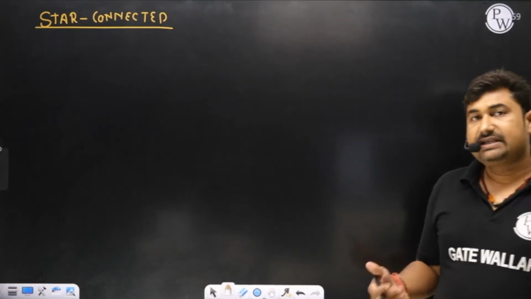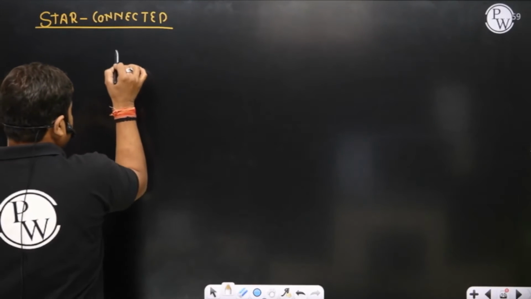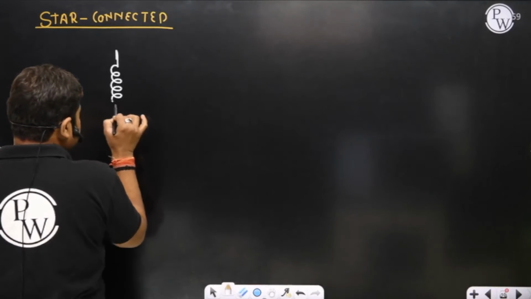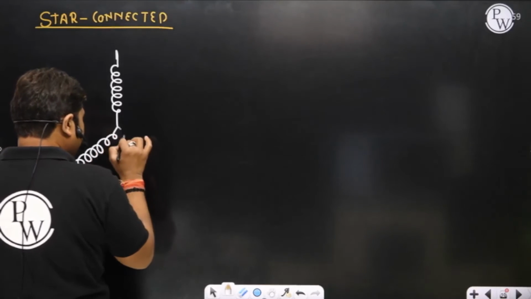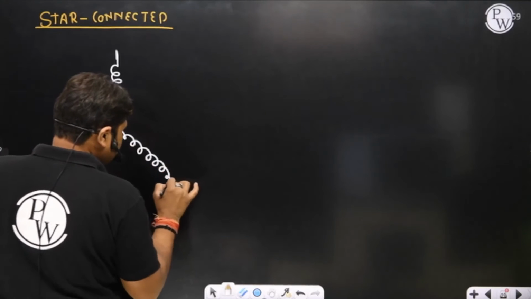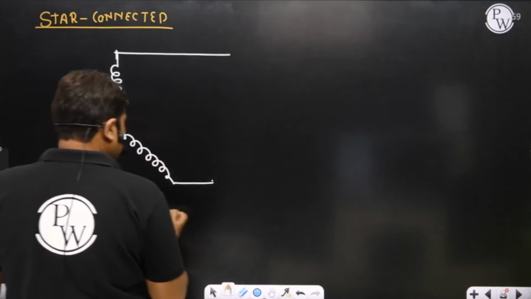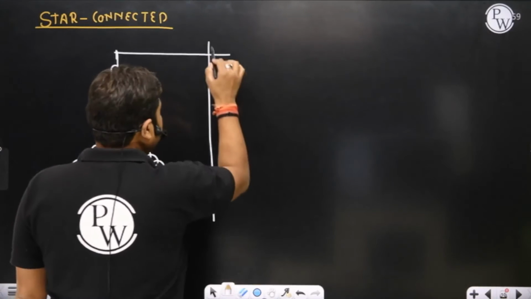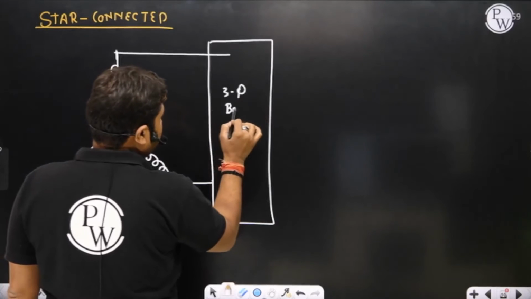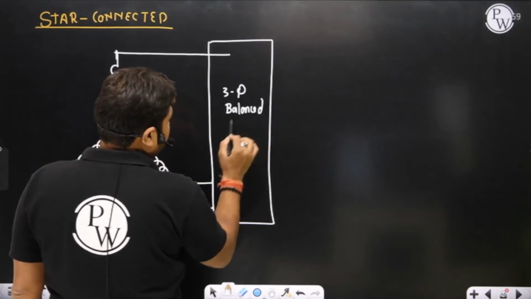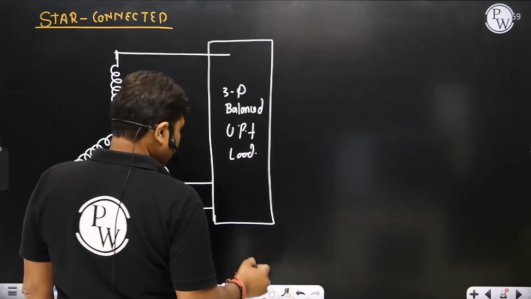Star connected means the voltages in A phase, B phase and C phase are displaced in time by 120 degrees. Let us suppose we have a star connected generator feeding a balanced 3-phase unity power factor load. Is it okay? Yes, sir.